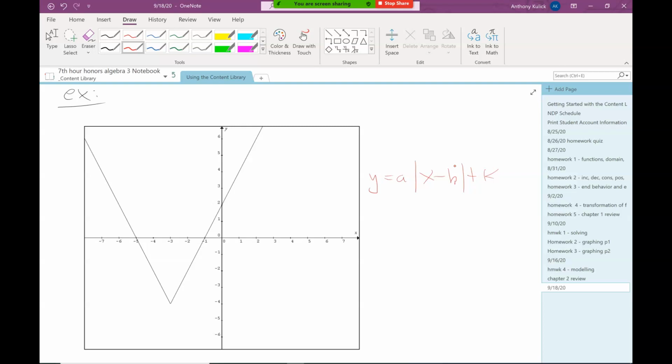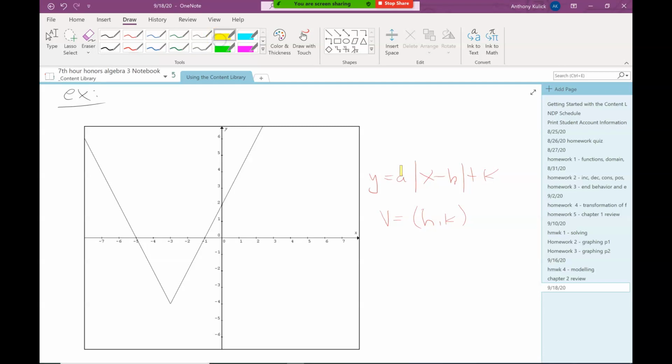Everybody's good with that? We remember that? I also remember something special about the absolute value graph is that the vertex, that point on the absolute value graph, is always at the coordinate h comma k. I remember that as well.